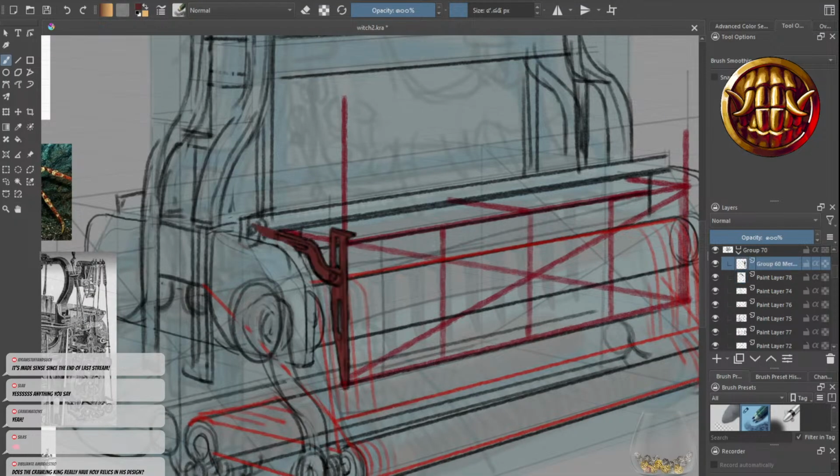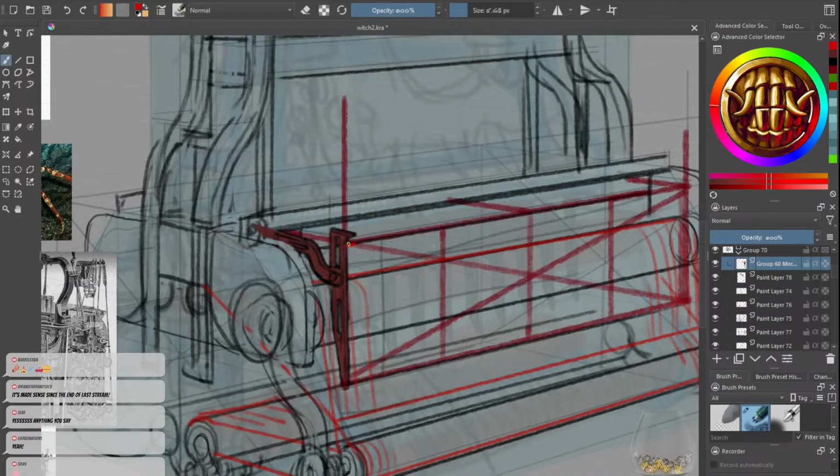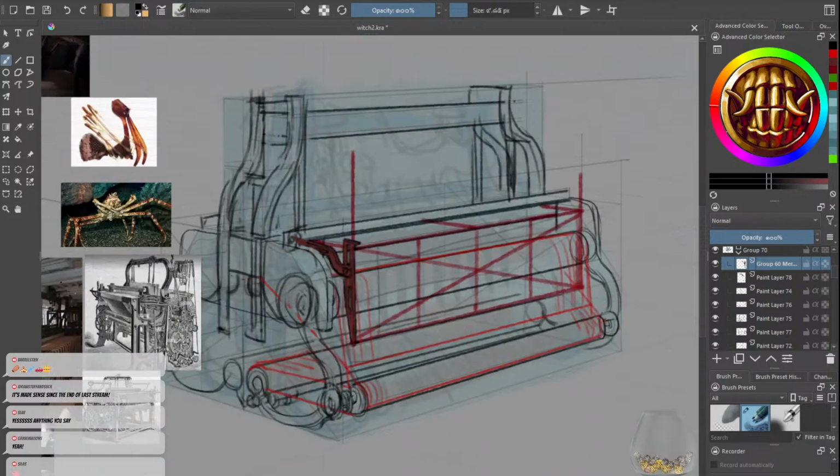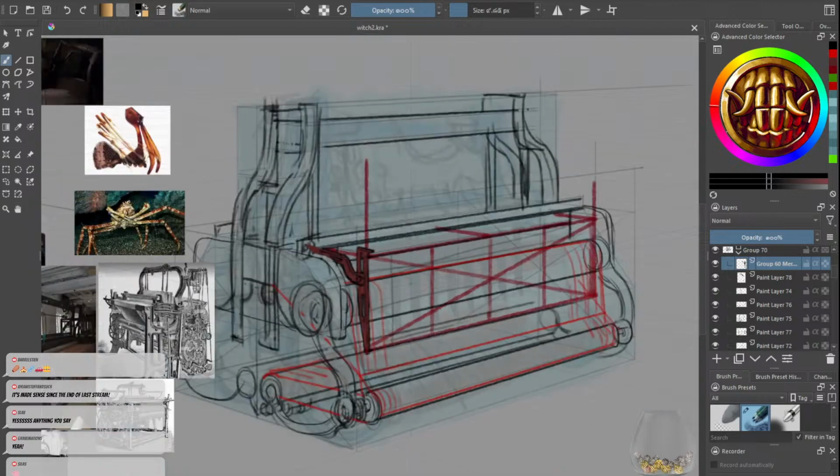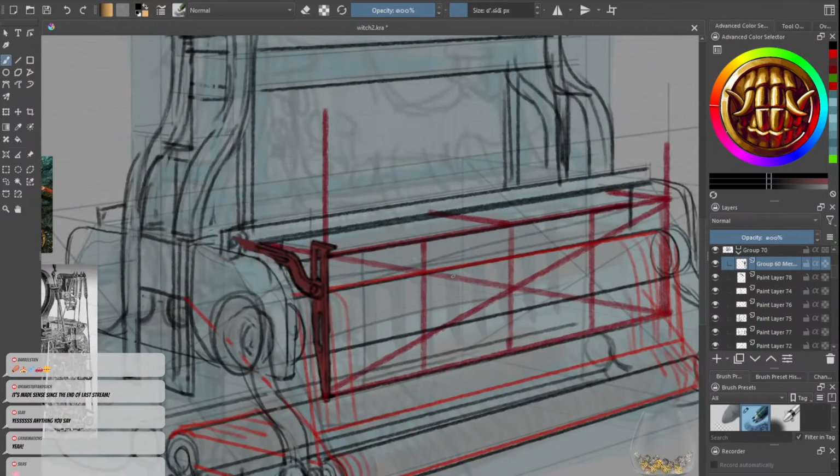Now, gonna dot where this corner is. So I know that this dot here, black, this dot here, and this dot here needs to align with these lines as I move these over. So that's what we're gonna do. I need to have two versions of this.